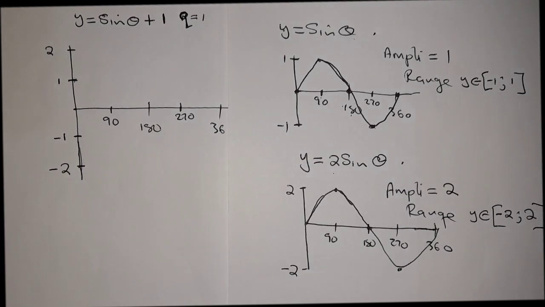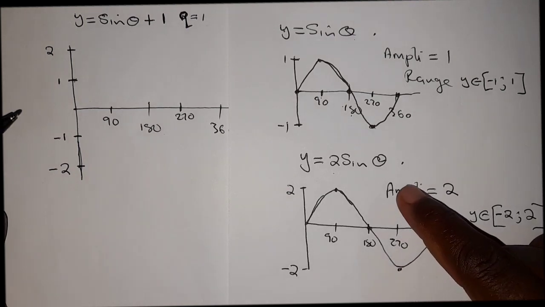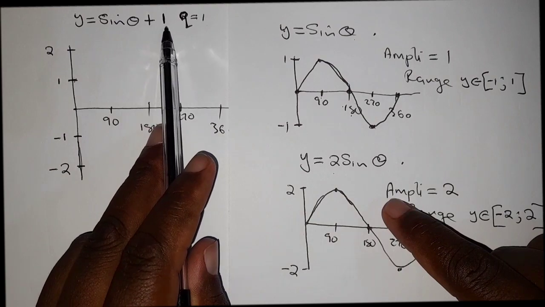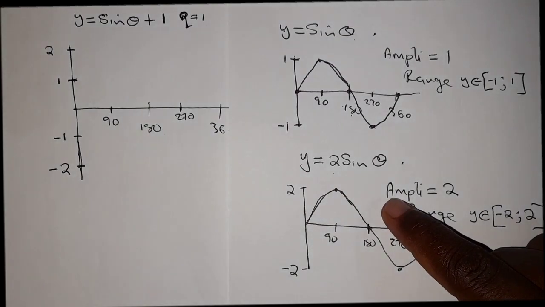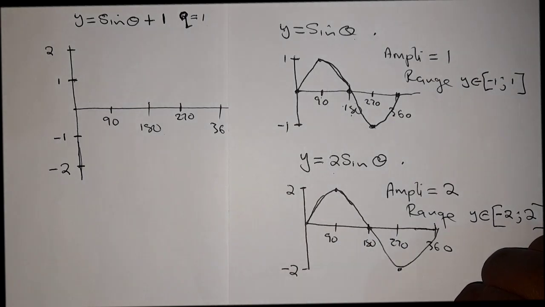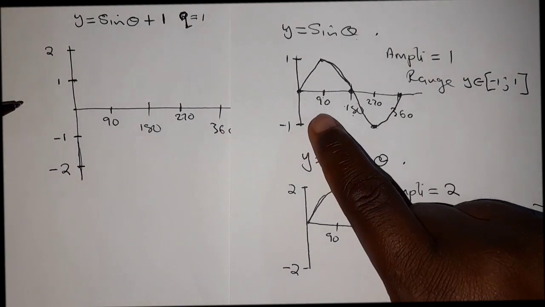Q gives us the vertical shift. So here it's saying plus 1. It's telling us that the mother function has been shifted one step up, right?